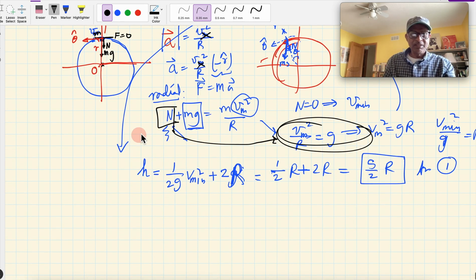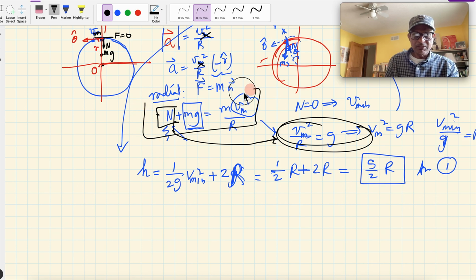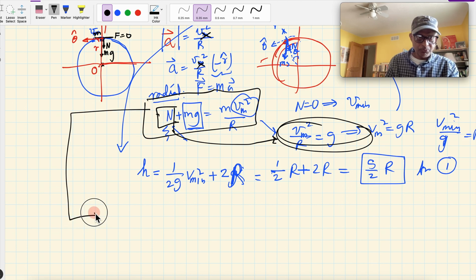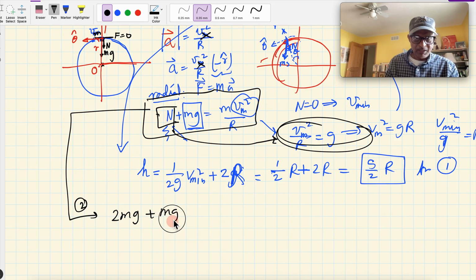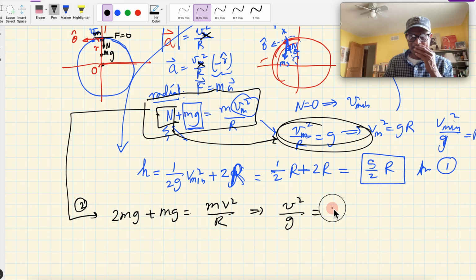So this equation will transform for number 2. It transforms to 2 mg plus mg equals m v squared over r. And so v squared over g will be 3r.